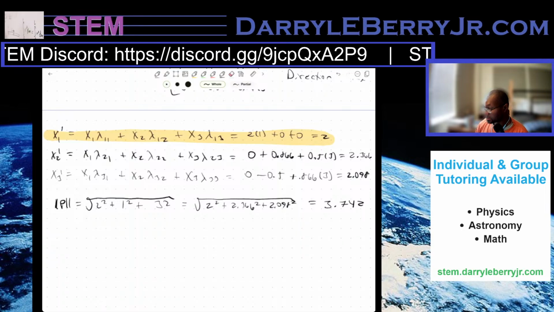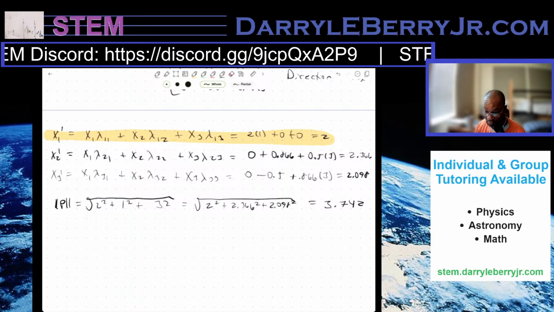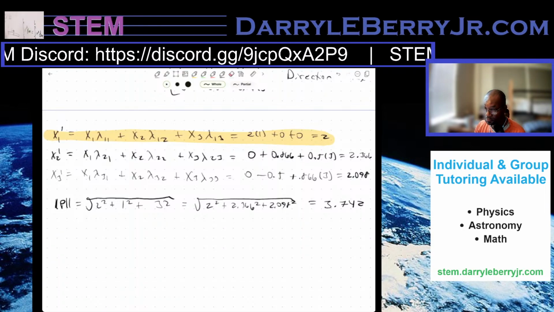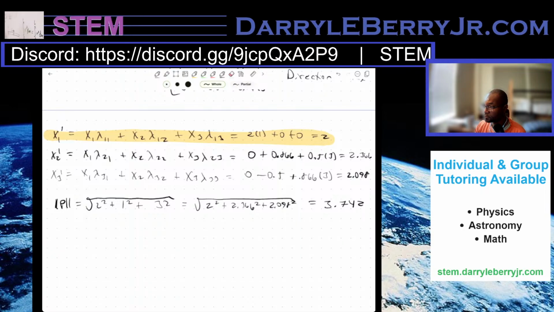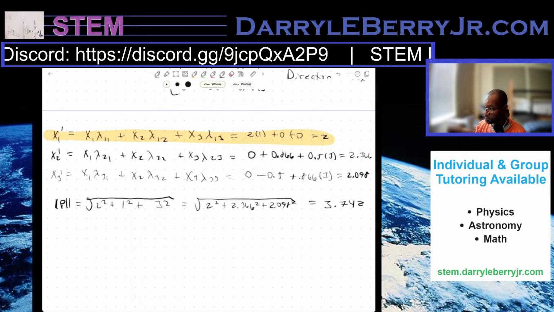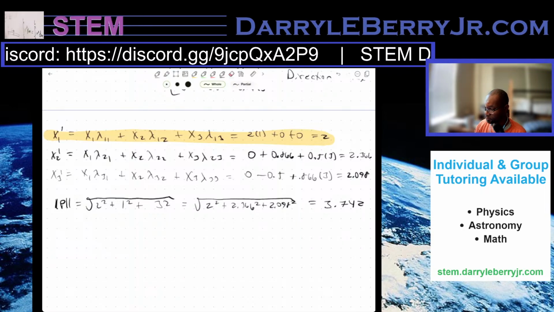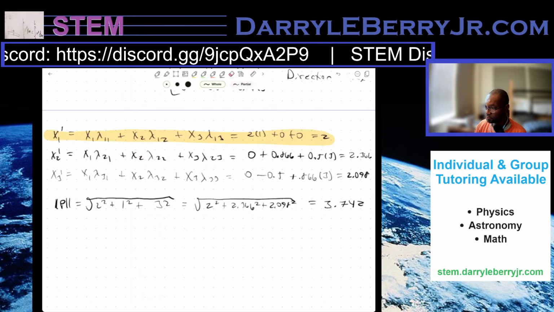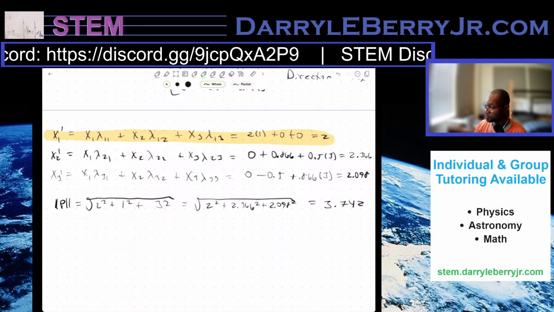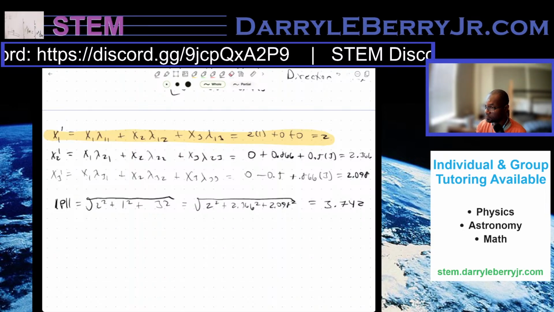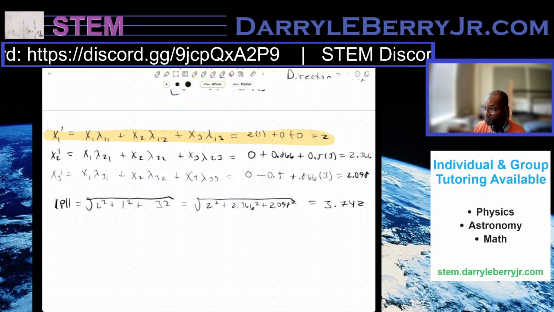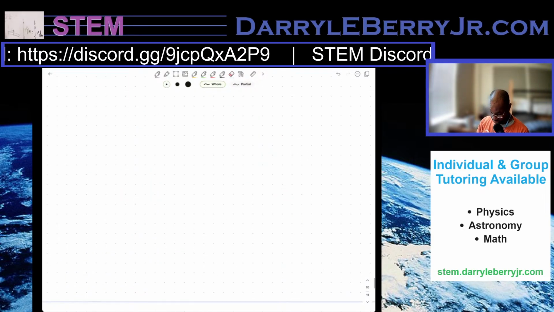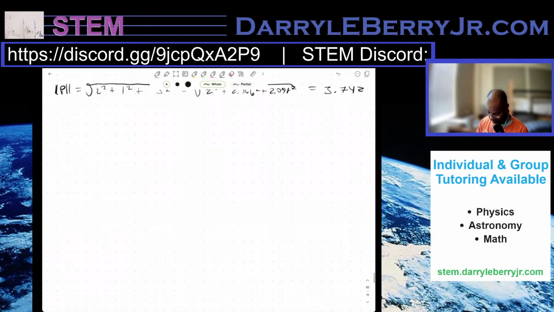And let's see what we have next. So 1.4. So that's good. We're on to the next section.